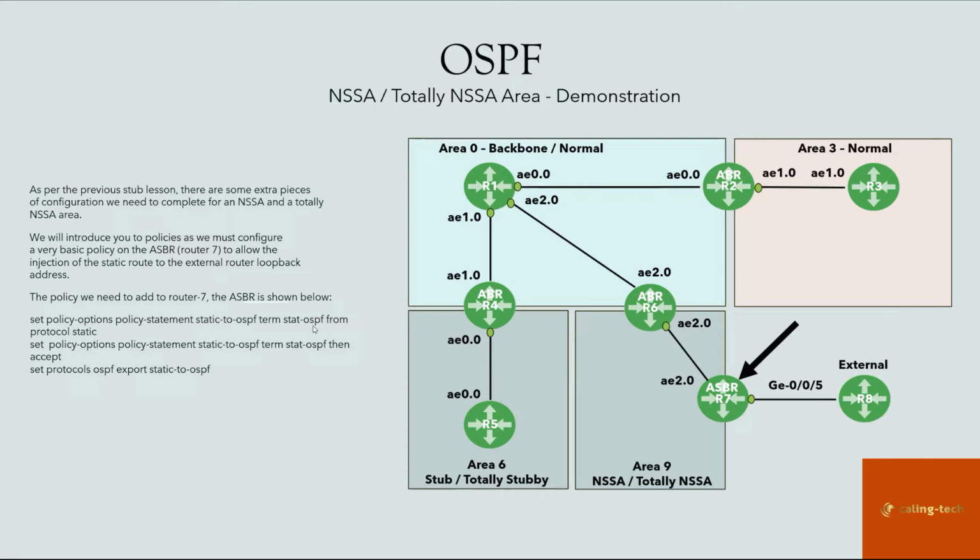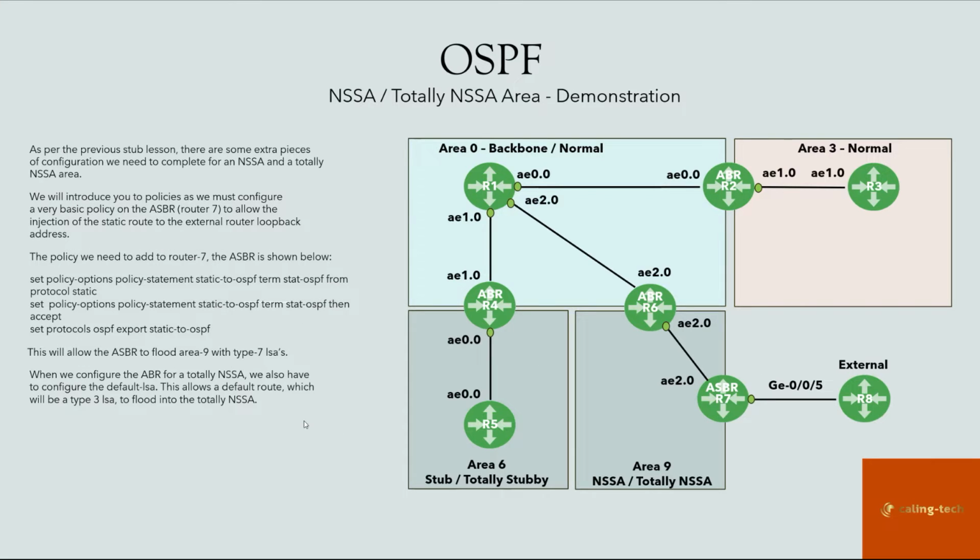And where do we want it from? Well, we want it from the protocol static, because it's a static route. Again, we use the same statement, the same term, and we say, well, we'll accept that then if it's a static. And then we export this policy statement into OSPF itself. That will allow the ASBR to flood Area 9 with Type 7 LSAs.